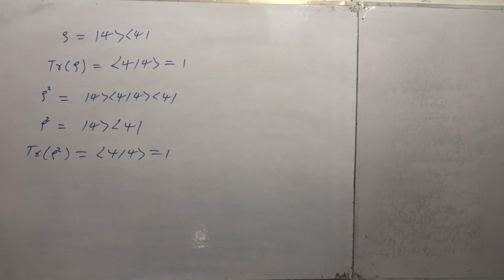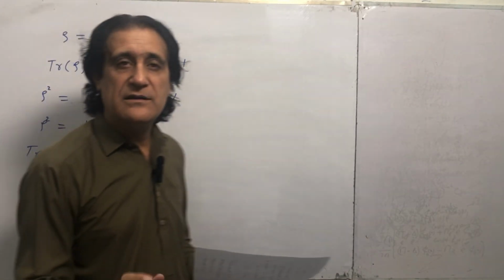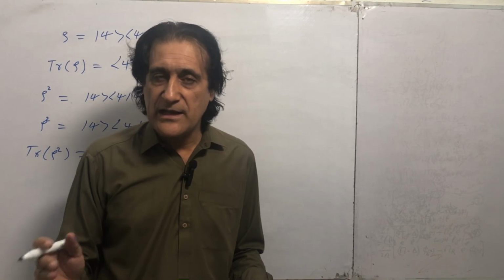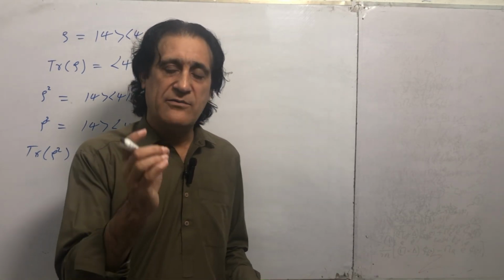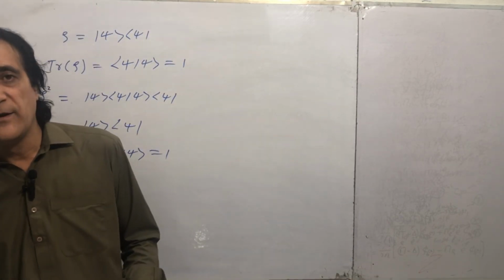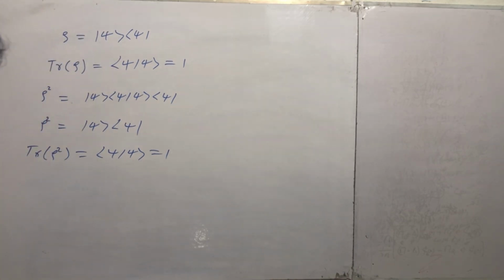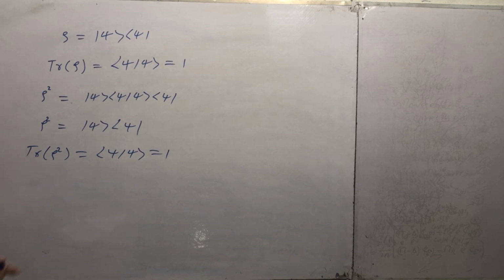So the trace of rho squared will be equal to 1. And what is the trace? The sum of diagonal elements. Physically, the trace means the sum of diagonal elements.